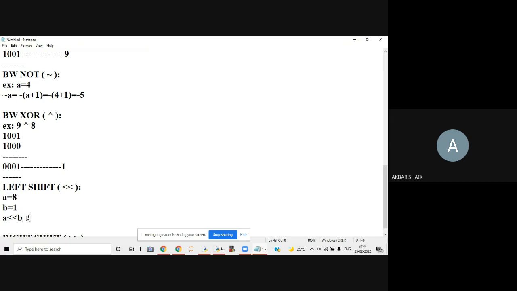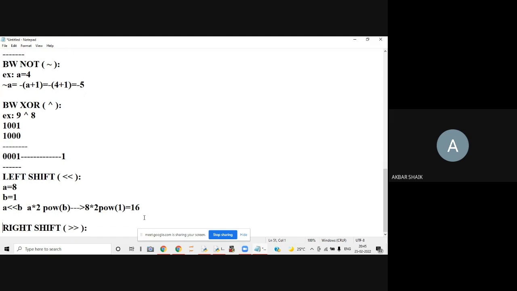You can write it as A into 2 to the power of B. So A means 8, 8 into 2 to the power of 1, that is 8 times 2, which is 16. If I use A left shift B, with A value 8 and B value 1, then I get 16 as the answer.